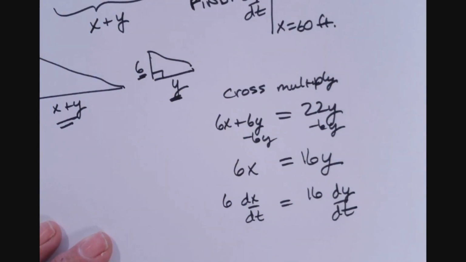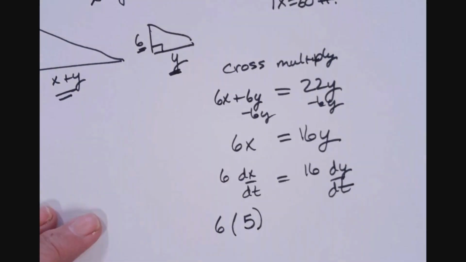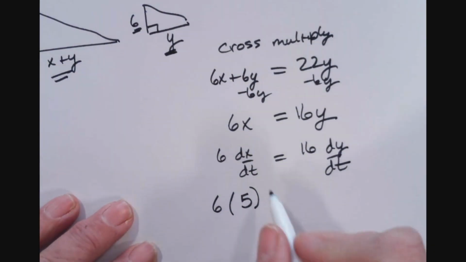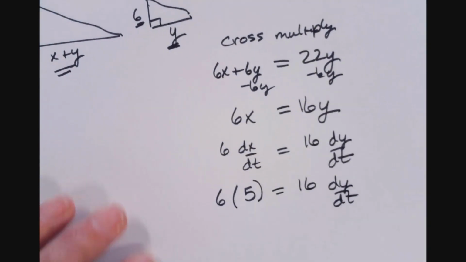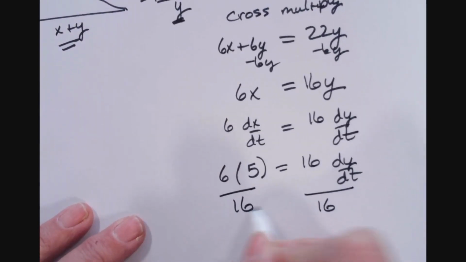So what am I trying to find? dy/dt. Okay, so let's just substitute 6 times 5. Be careful, I don't want x there, I want dx/dt. So yeah, dx/dt is 5. So 6 times 5 equals 16 dy/dt. Divide both sides by 16.